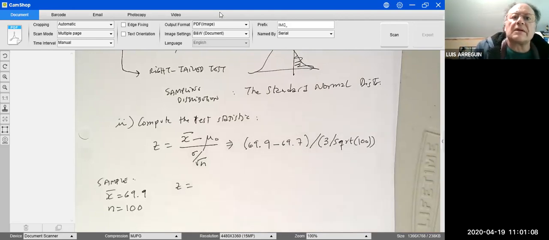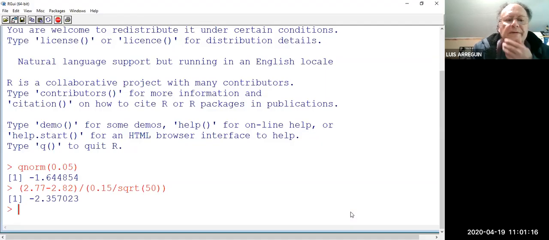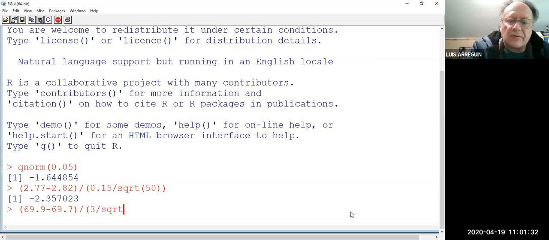So let's go and check now our console. We're going to write parentheses 69.9 minus 69.7 over 3 over the square root of 100.